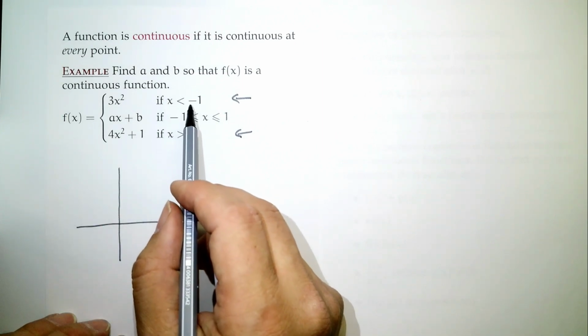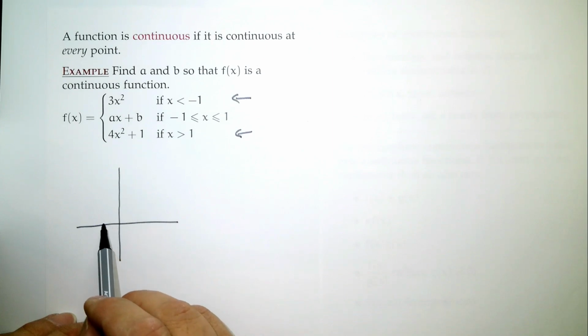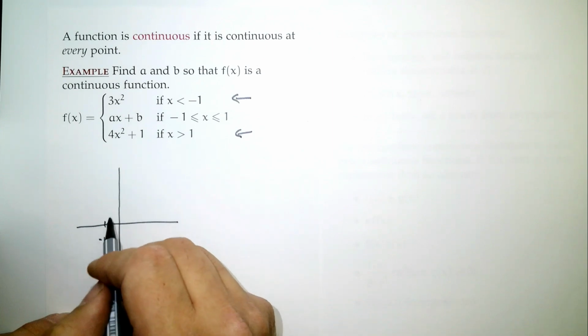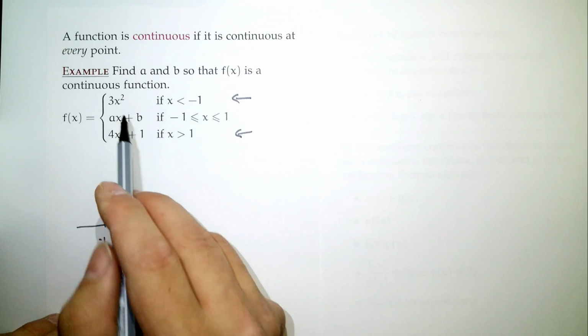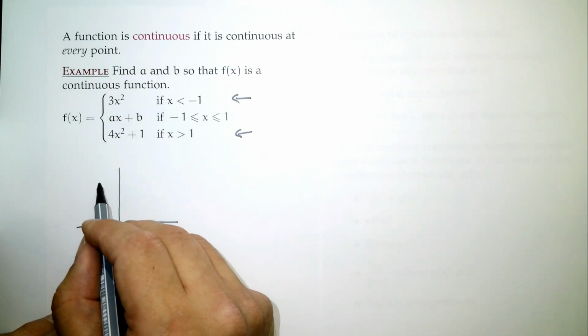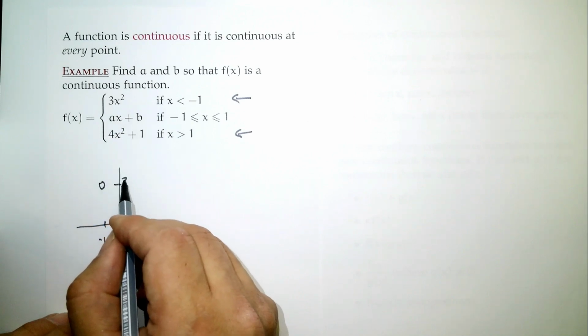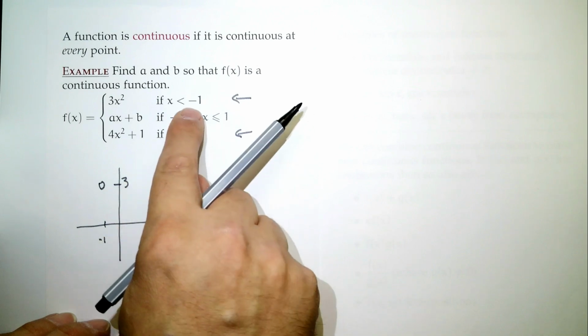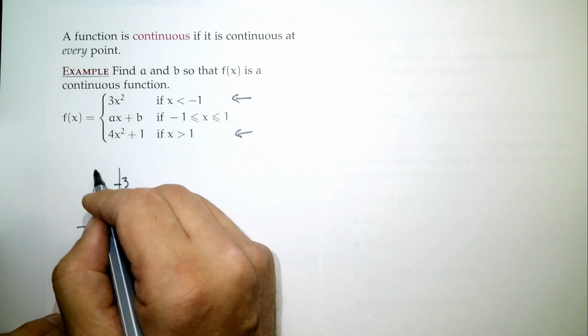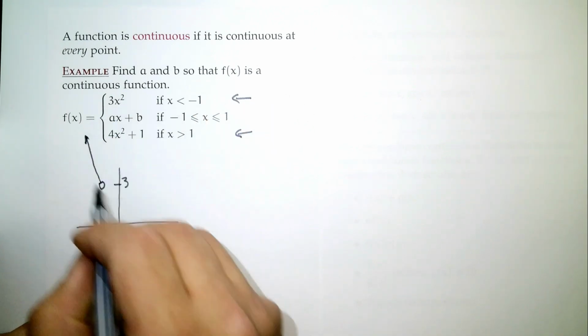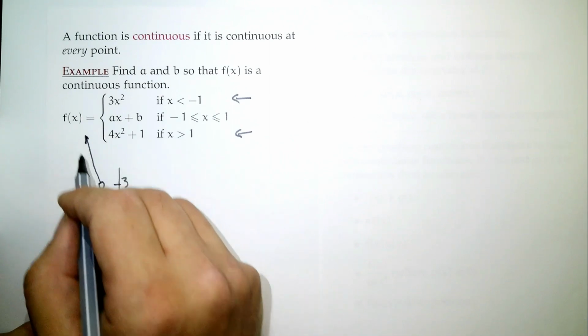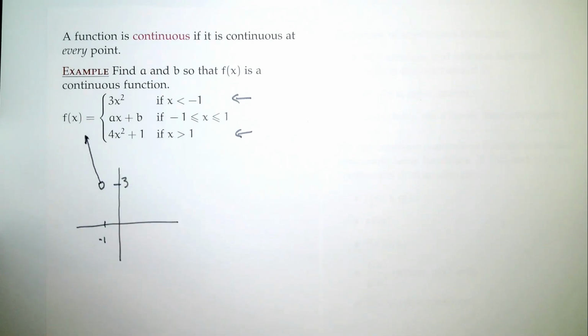I just need the part that starts below negative 1. So if here's negative 1, then at negative 1, I would have been 3. So I come up here to 3, and I put a circle because I'm not including negative 1, but then I'm coming up off there. So that's the part of the parabola, 3x squared, but only the part below negative 1.